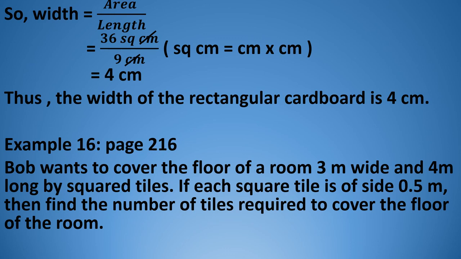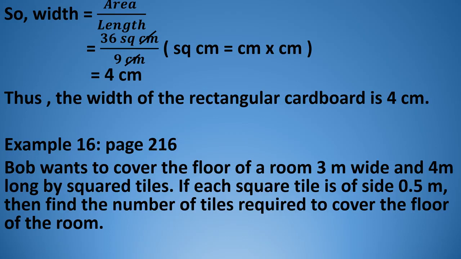Now see what is given in the question and what we have to find out. Bob wants to cover the floor of a room which is 3 meter wide and 4 meter long by square tiles. Okay, this 3 meter and 4 meter is the length and breadth of the floor of the room.